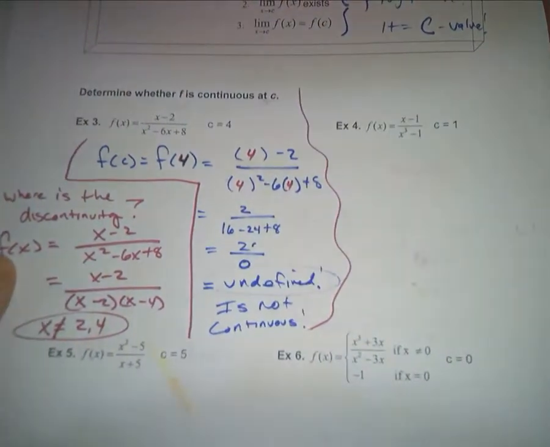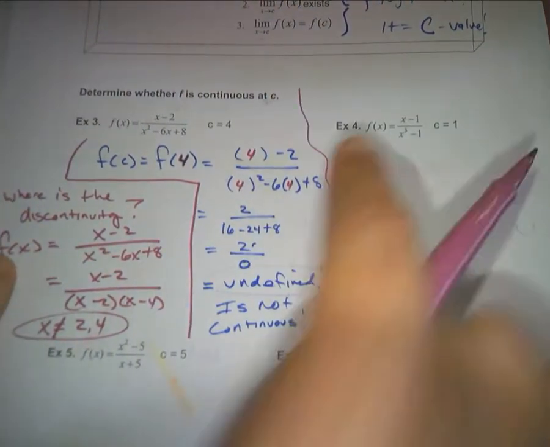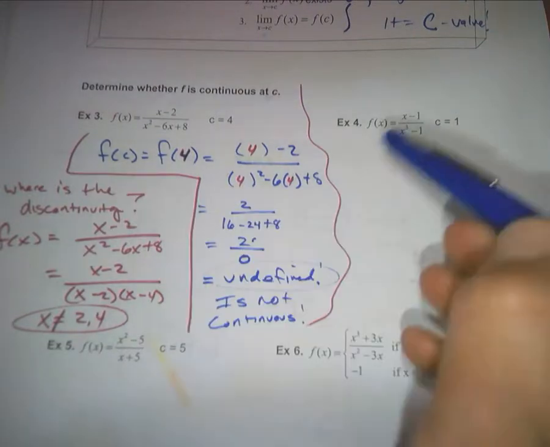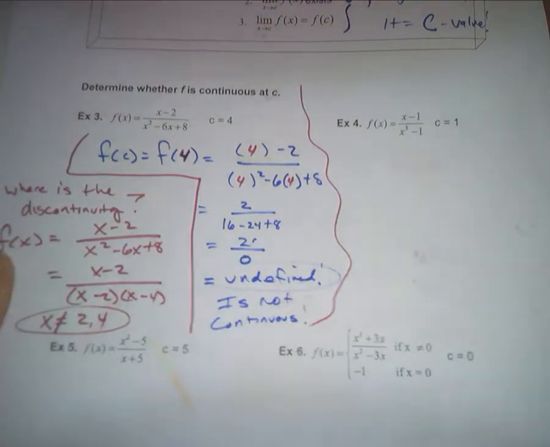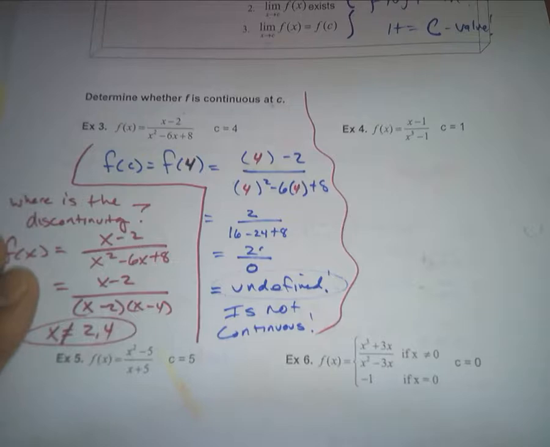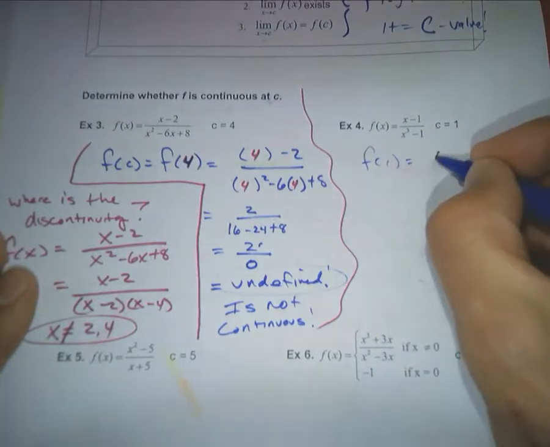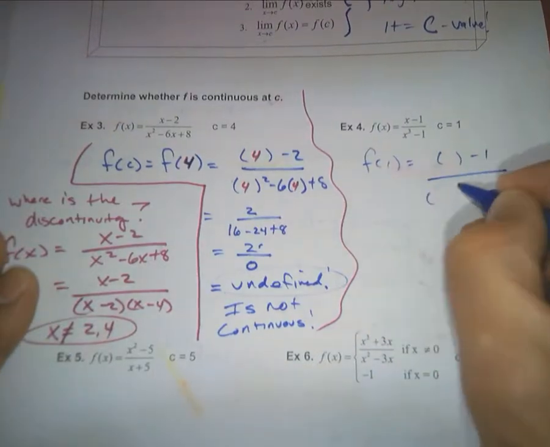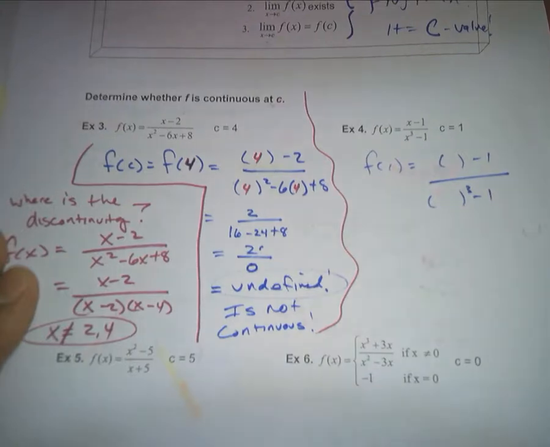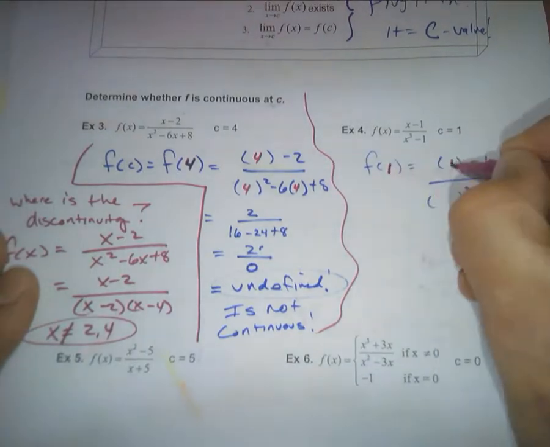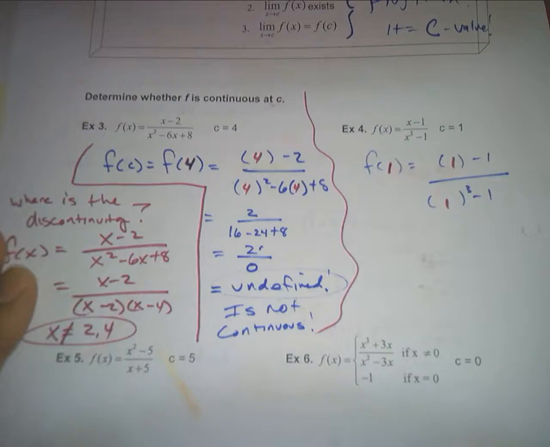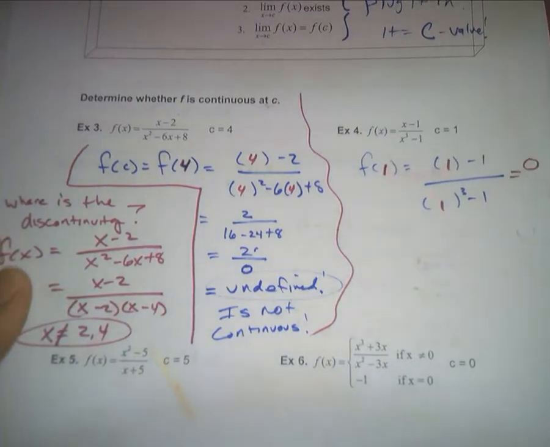All right, let's take a look at the next one. I've got f of x equals x minus 1 over x cubed minus 1, and the C value is 1. Is it continuous there at 1? Well, find f of 1. Just plug in this 1 value anywhere you see x. 1 minus 1 is 0. 1 cubed minus 1 is 0.